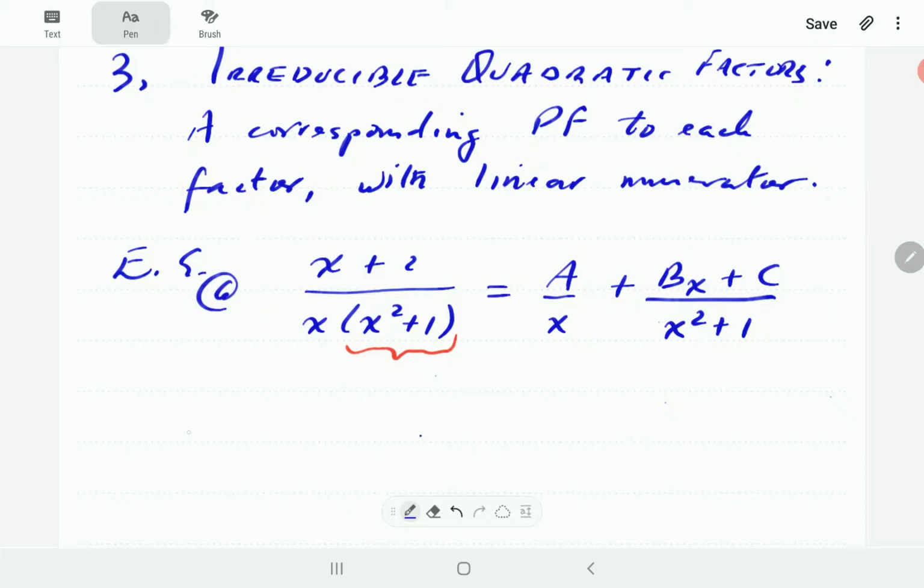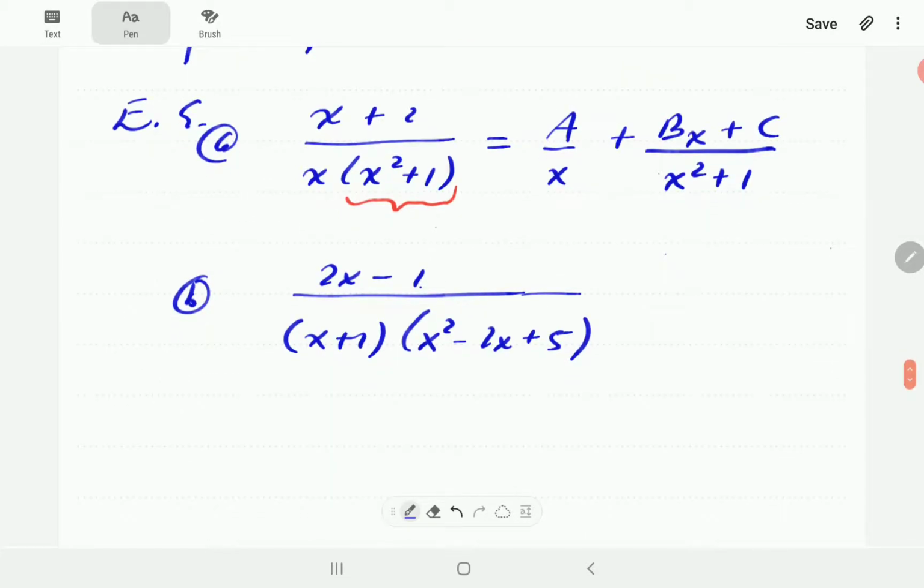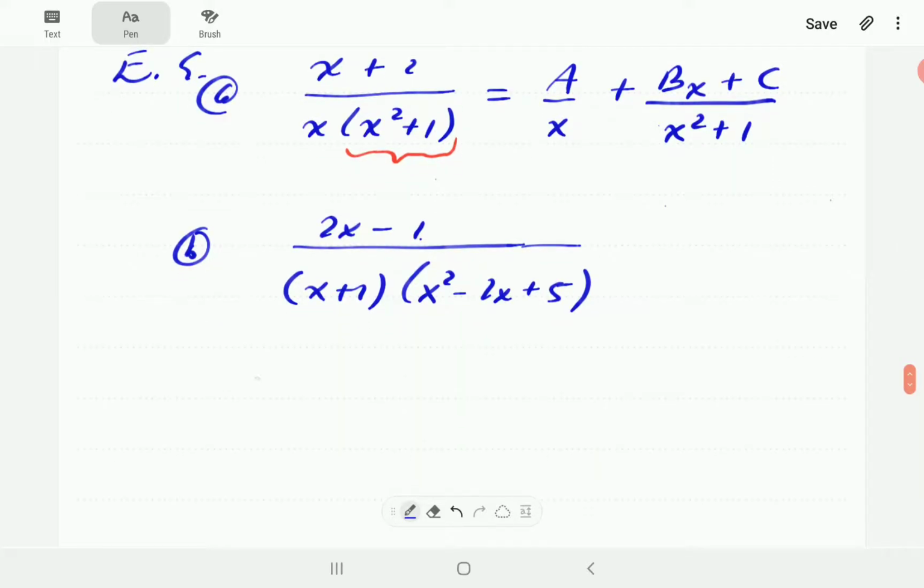Okay, suppose this time we have got 2x minus 1 all over x plus 1 into x squared minus 2x plus 5. Again, x squared minus 2x plus 5 cannot be factorized, so it's an irreducible quadratic.